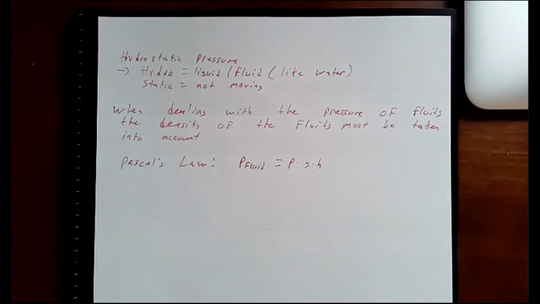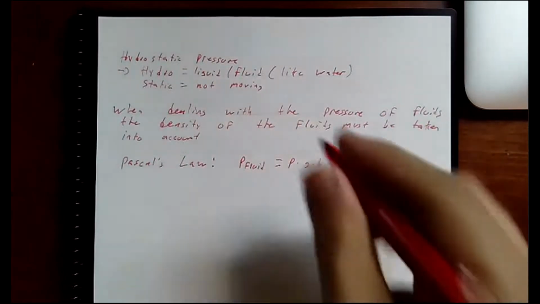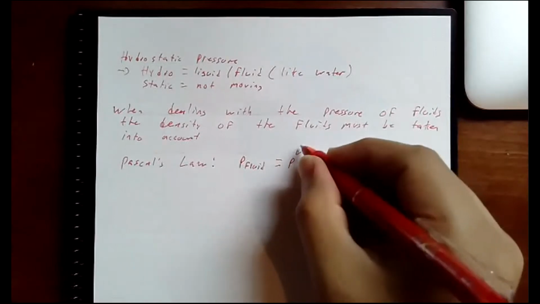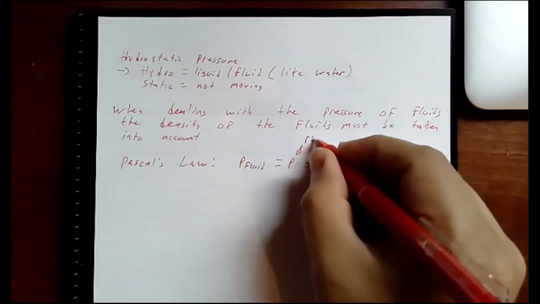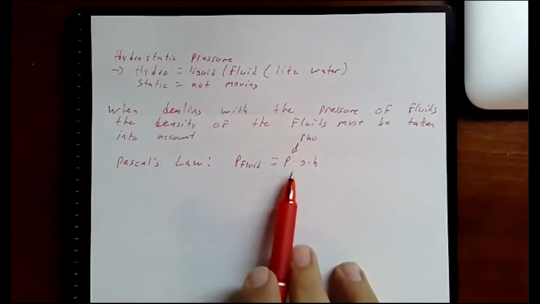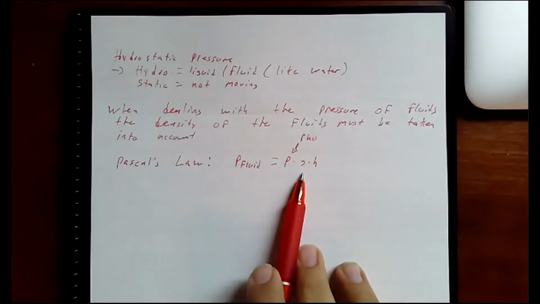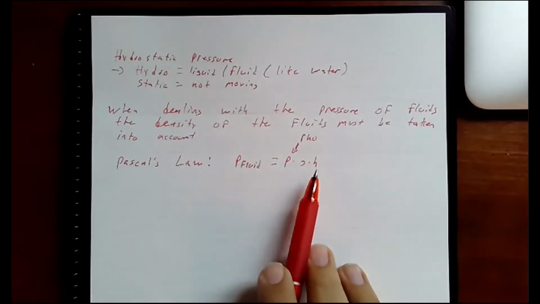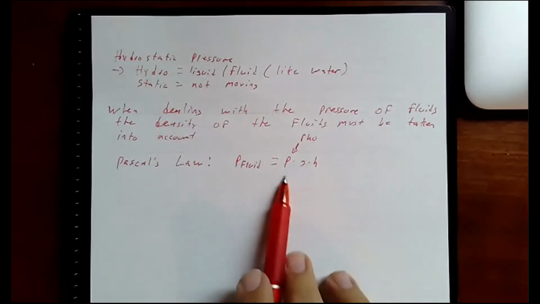Actually, let's shoot, that should be rho. There we go. So pressure is equal to the density times g times h.